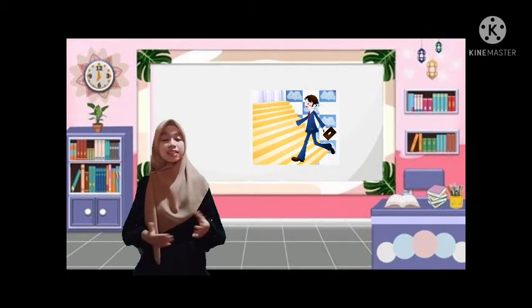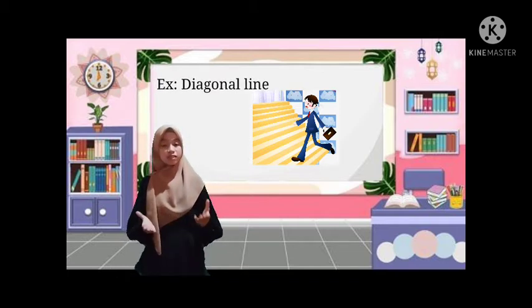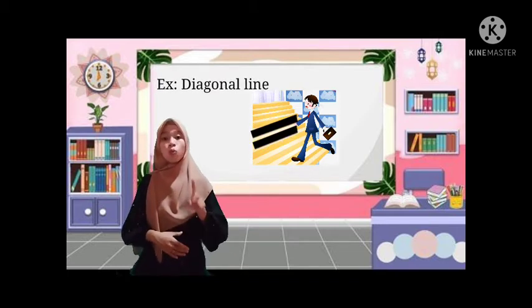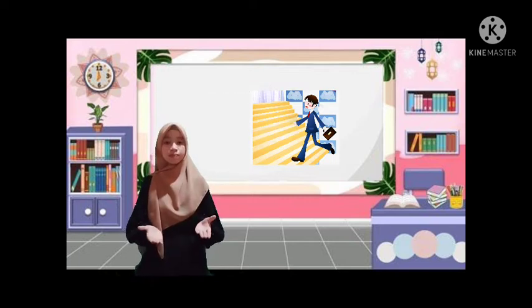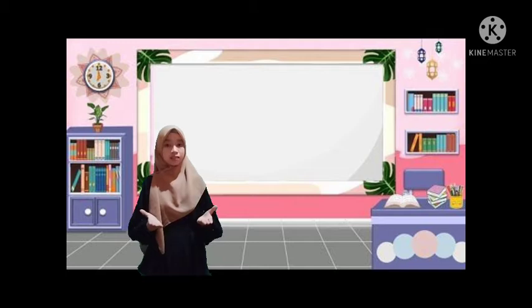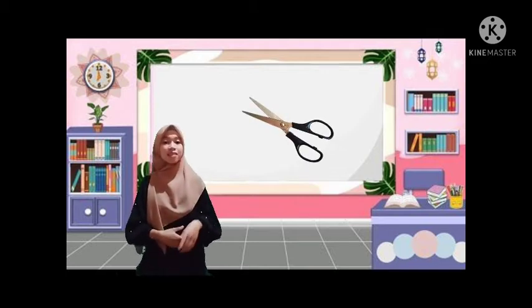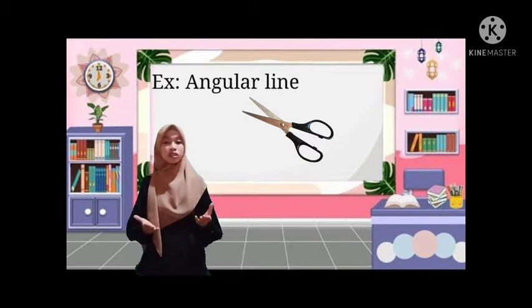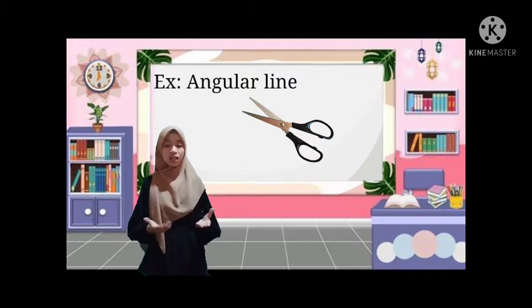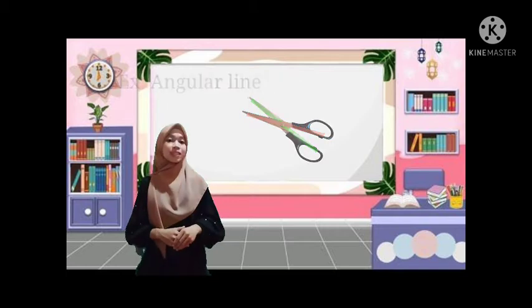The stair is an example of a diagonal line, because the stairs connect one corner to another corner but not on the same side. After that, look at the scissors. The scissors is an example of an angular line, because the arms of the scissors meet each other at one point, creating an angle.